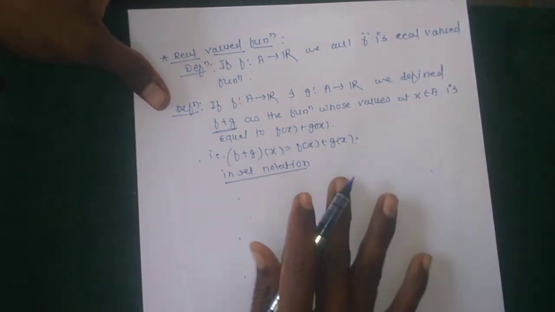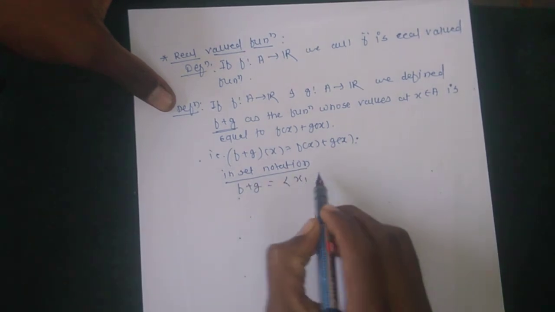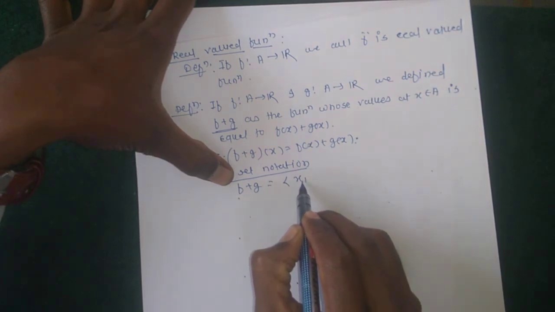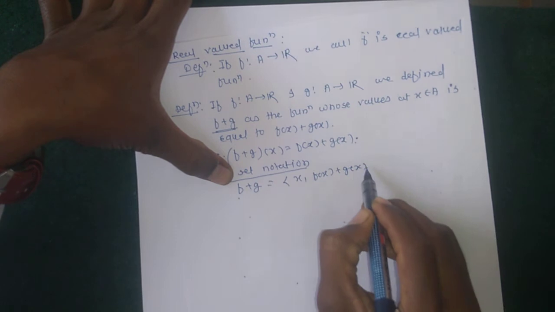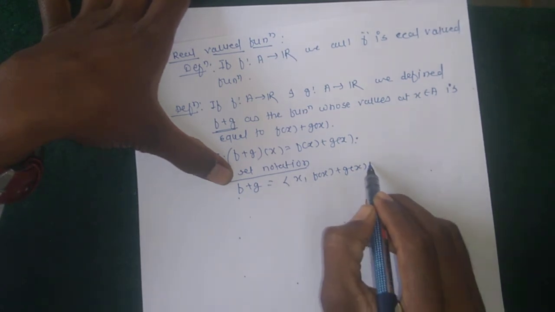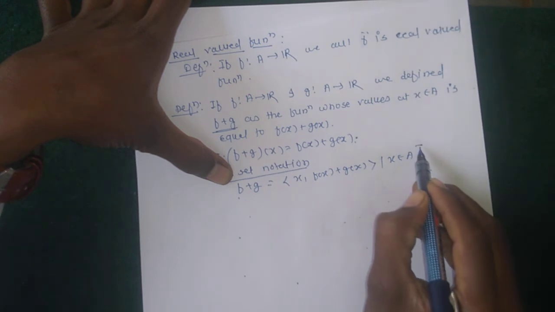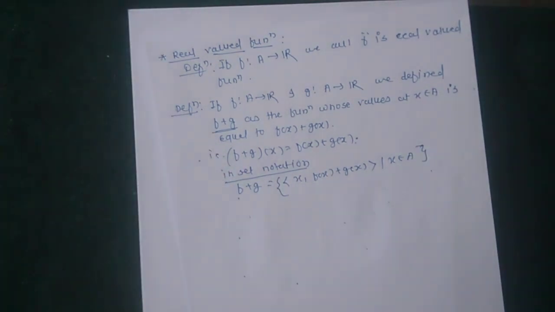This is very important. f plus g is the set of pairs x, f of x plus g of x, for all x belonging to A.